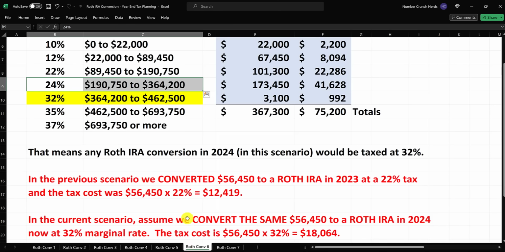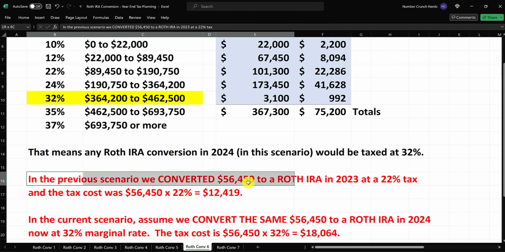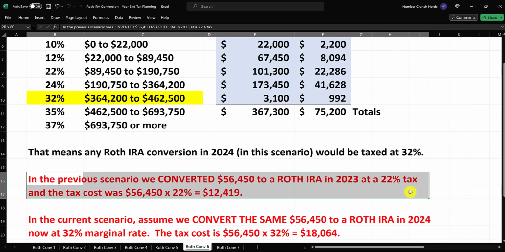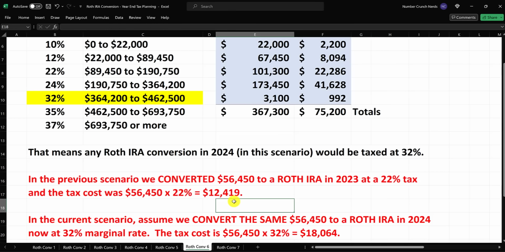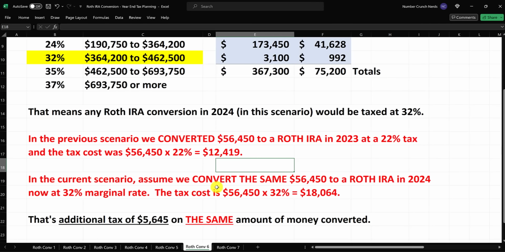Like in this example, if you converted this $56,450 in 2023 at a 22% rate, you are paying $12,419, but if you waited till next year under this scenario, you're paying $18,064 to do the same amount. So you can save a total of $5,645 of tax in this example by converting now instead of waiting until a future period when your income is going to be higher.